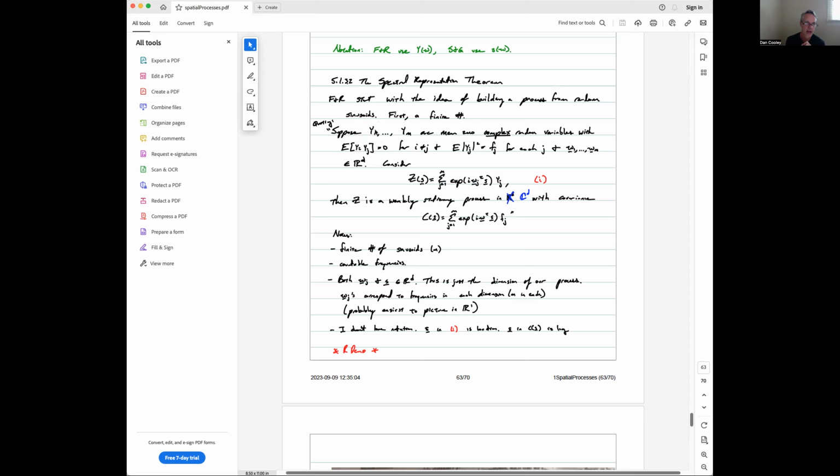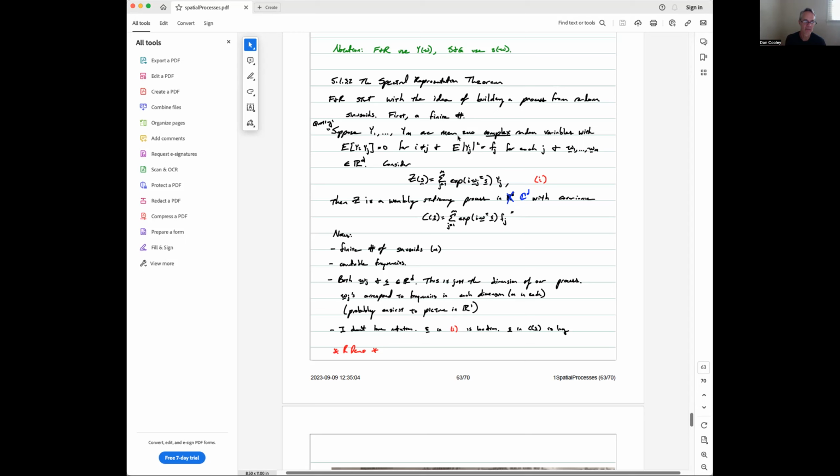The expected value of the absolute value of yj squared: since y is complex, the absolute value squared would be y times y's complex conjugate. That gives you the magnitude of a complex number. So we extend variance in some sense as magnitude.